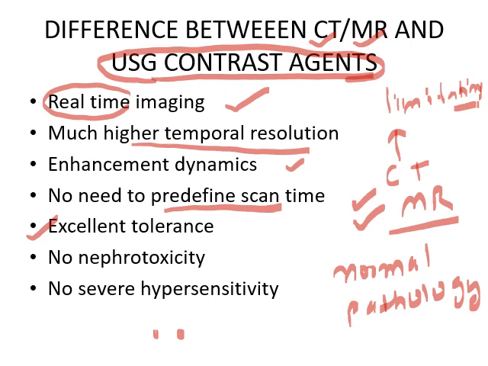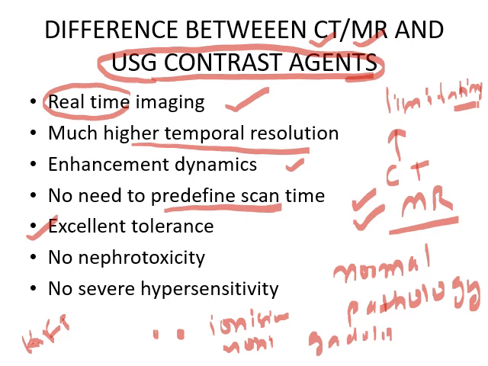CT contrast agents are ionic and non-ionic, while in MR contrast agents we use gadolinium. So before giving a CT contrast agent, we need to check the KFT of the patient. While USG contrast agents are made up of air only and some shell, their tolerance is much better, and there is no predefined KFT or other things to be checked.